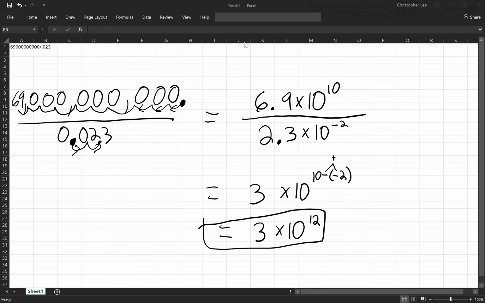Is that good, Emil? Awesome. Yeah, so the hardest part about this is just counting how many places you move. But once you get the count right, it's over.